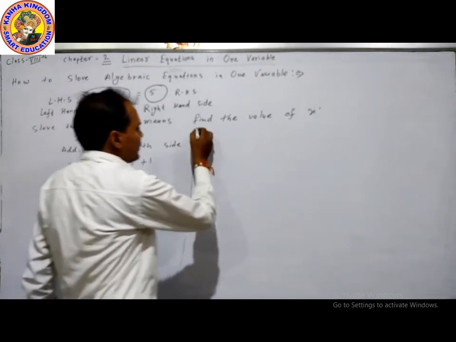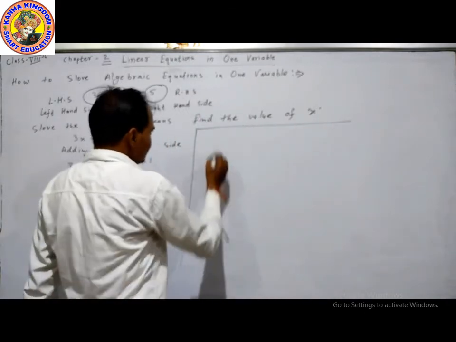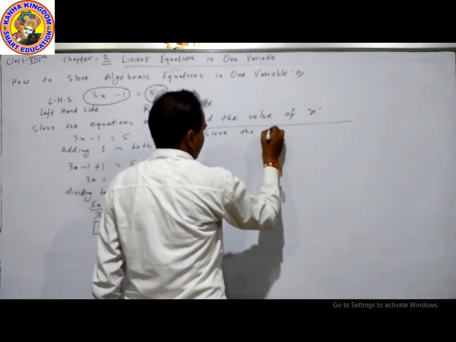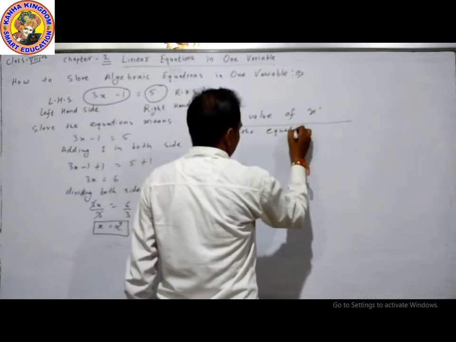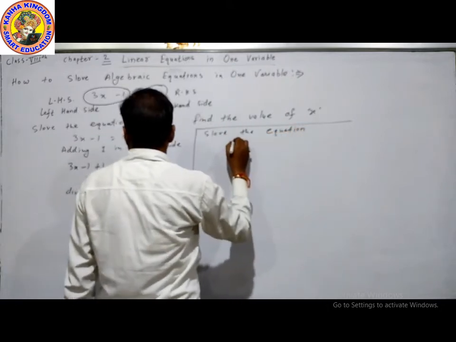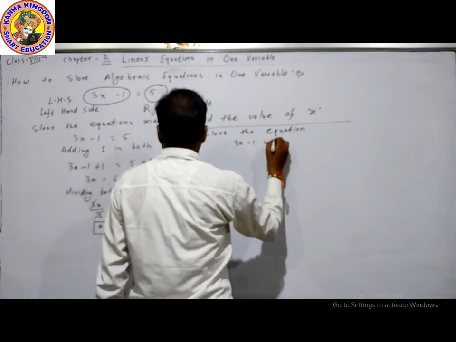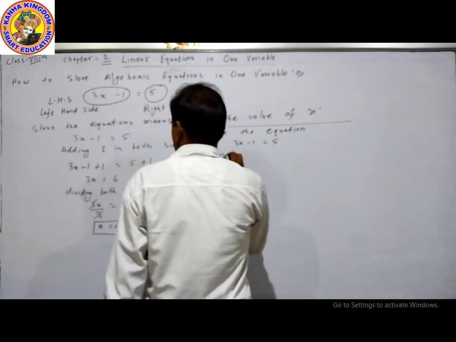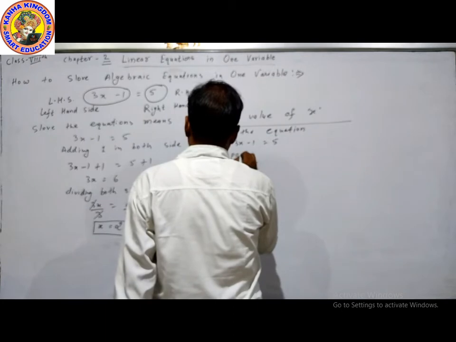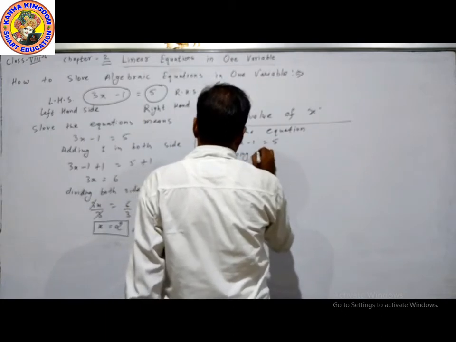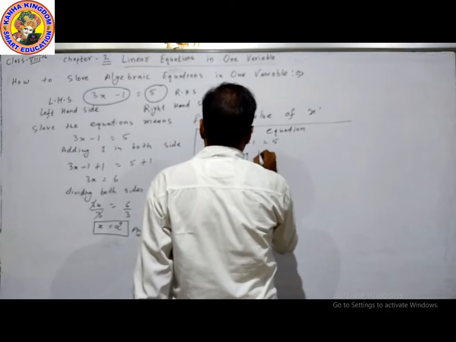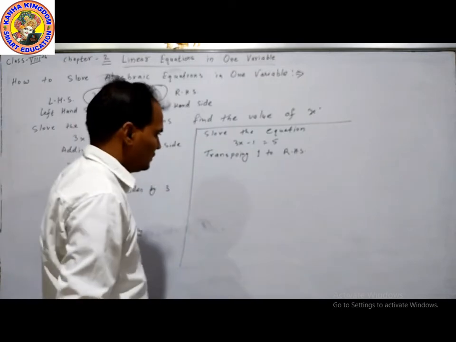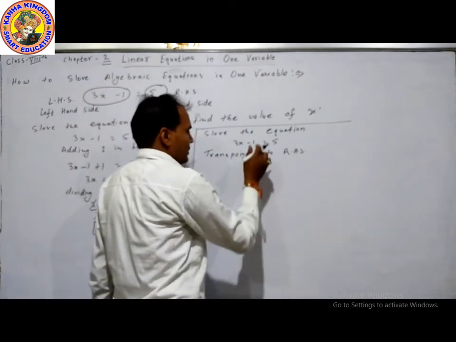Another, we use a term transpose. Question is solve the equation 3x minus 1 is equal to 5. Transposing 1 to right hand side.